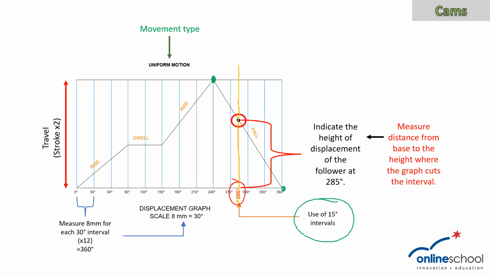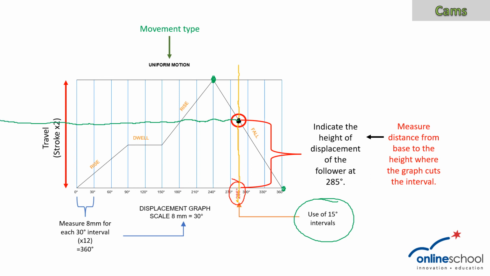Where it now cuts our graph of displacement, it creates a reference point, and that reference point is what we will now project all the way to our vertical center line of our cam disk profile.